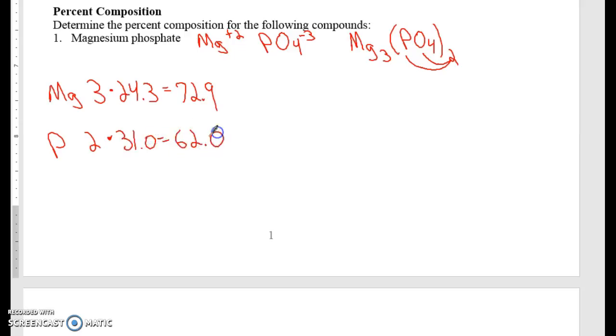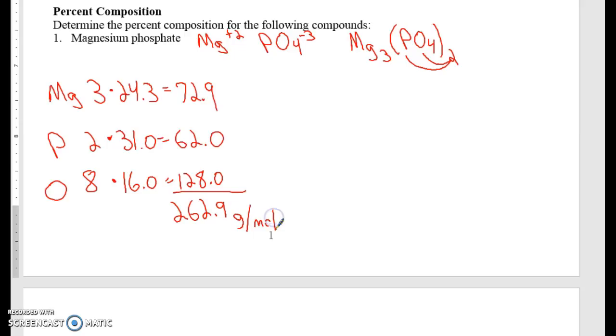So that multiplies out to 62.0. For the oxygen, there are 8 oxygens at 16.0 apiece. Multiply that out, gives you 128.0. Add all this up, 262.9 grams per mole. That is the molar mass.